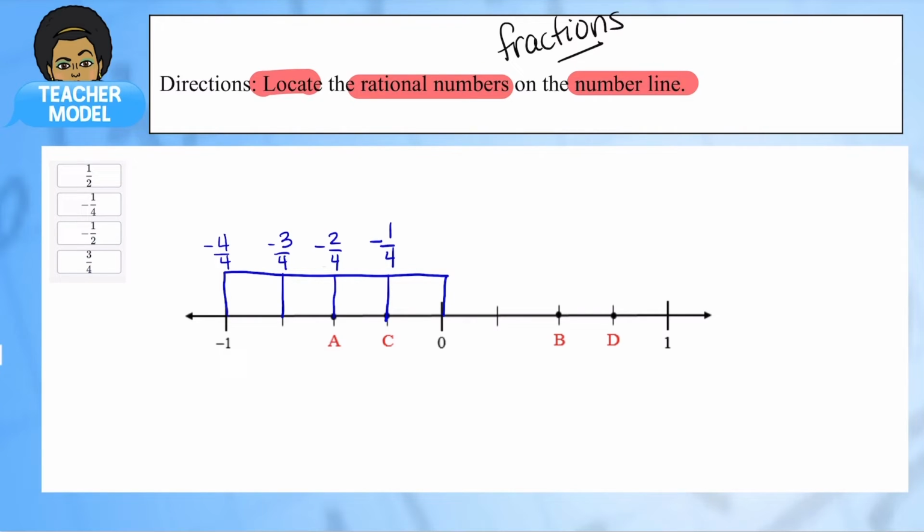Now, because we know so much about numbers, especially fractions, we know that we want to represent them in simplest form. When I see 4/4, I know that I can represent this as a whole number. So I'm going to do that right now. 4/4 is the same as 1, or in this case, negative 1.